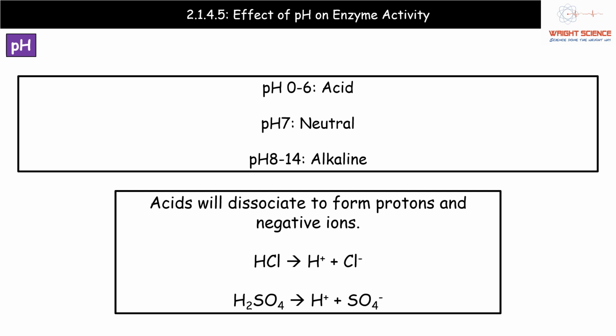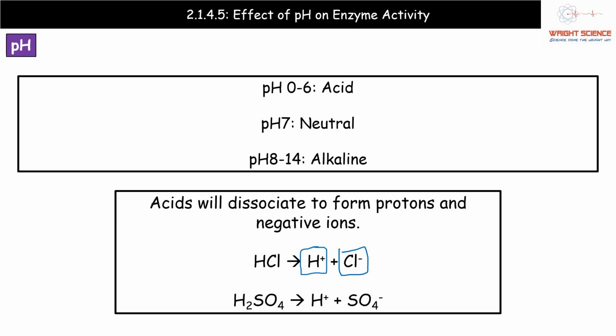So we will form protons, which are hydrogen ions, and we can see our little hydrogen ion right here, H+, and it will then form a negative ion, which is the remainder of its actual compound. So if we've got hydrochloric acid, this is our top one here, then HCl, the hydrogen ion, becomes the proton here, and the chloride ion is the other part, the negative ion.